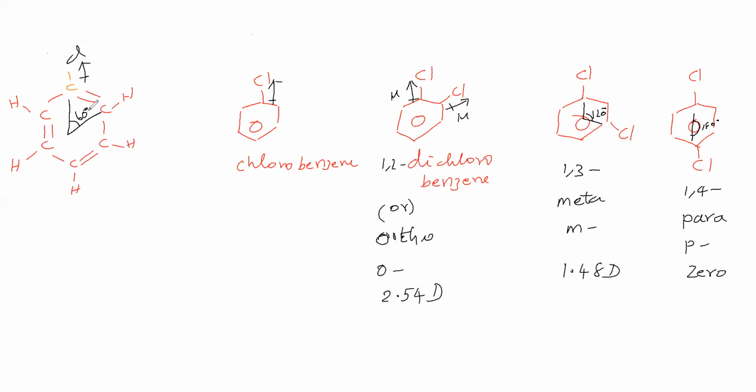Here the bond angle is 60 degrees. If we consider a 60 degree bond angle, the larger chlorine atoms are closer, so repulsion will be there. Though repulsion is there, this angle will be 60 degrees only, because some other factors are also there, which we will see later. So consider that here the bond angle is 60 degrees, here 120, here 180.